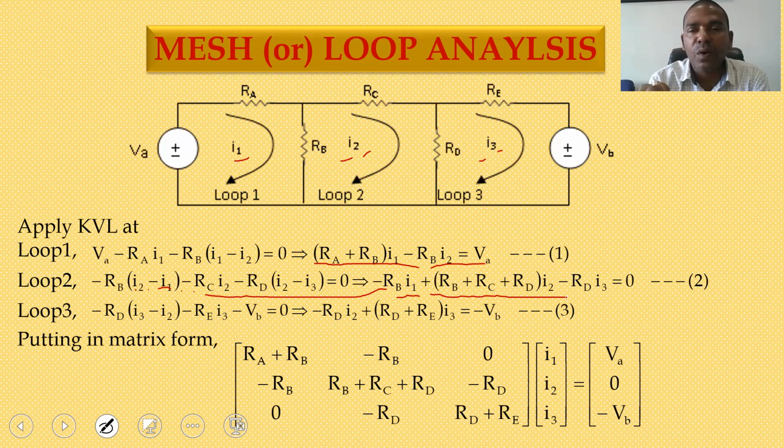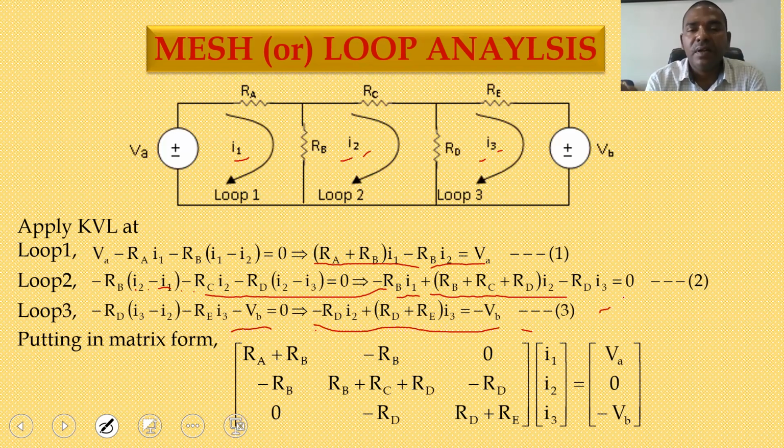The voltage source, with respect to the current flowing, goes from plus to minus, which means it is in the drop direction, so minus VB is equal to 0. After simplification, minus RD into I2 plus (RD plus RE) into I3 is equal to minus VB. This is your third equilibrium equation.